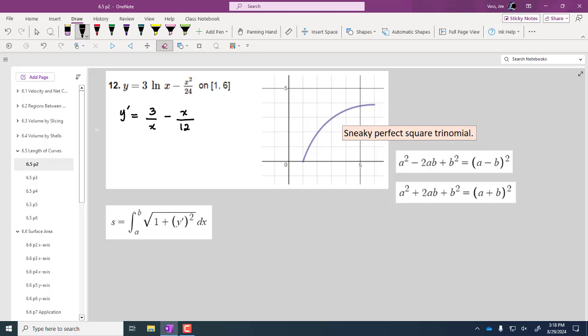So yes. How did you know the x squared divided by 24 was not within the log? Well, that x squared over 24 is separate from the log. So when we differentiate term by term, it's separate. Because there's no parentheses.